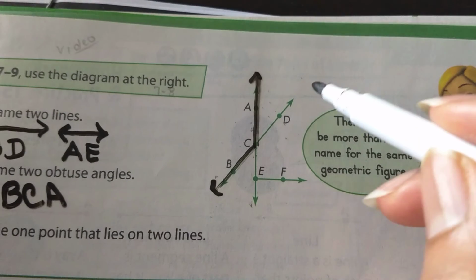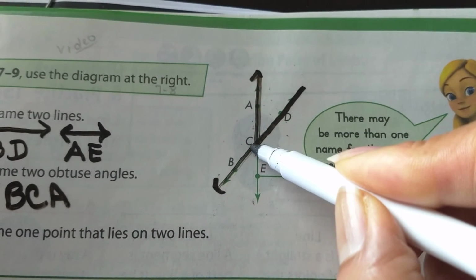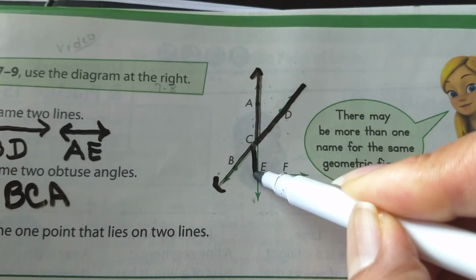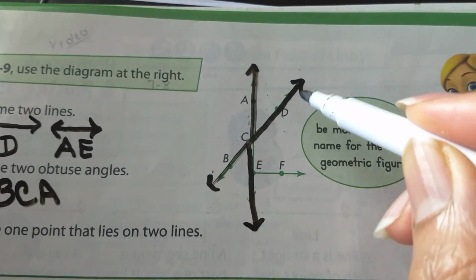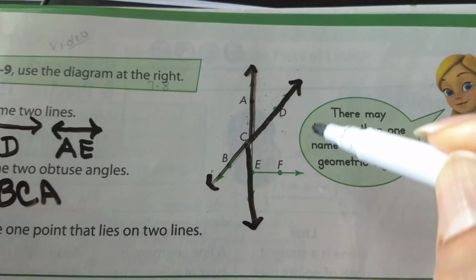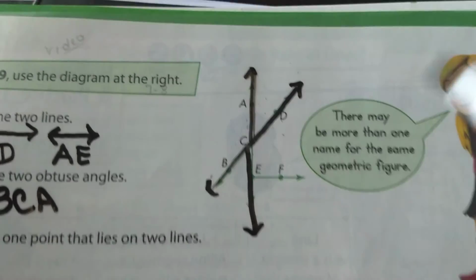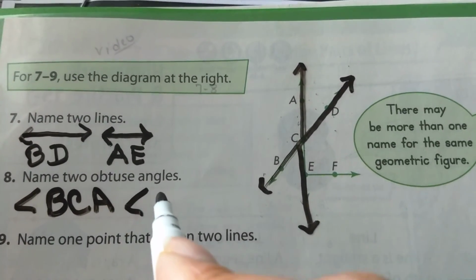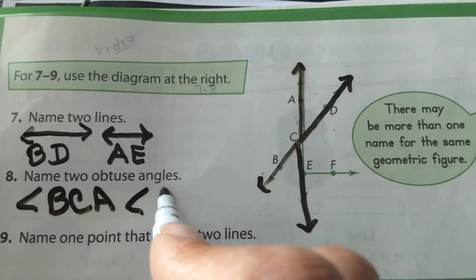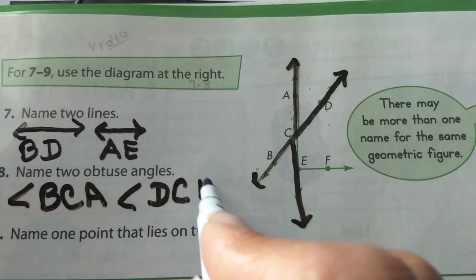Remember, that mouth has to be open wide. Here it is. D, C, E. Look at that. Look how wide that is. D, C, E. So my next obtuse angle is going to be D, C, E.